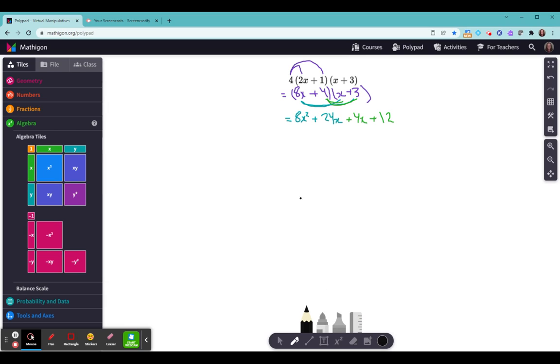So then for our final answer, because we need to combine like terms, we don't have any other x squared terms, so this is 8x squared. Positive 24x plus 4x is going to be positive 28x, plus 12. We don't have any other like terms for 12. So that is our answer.